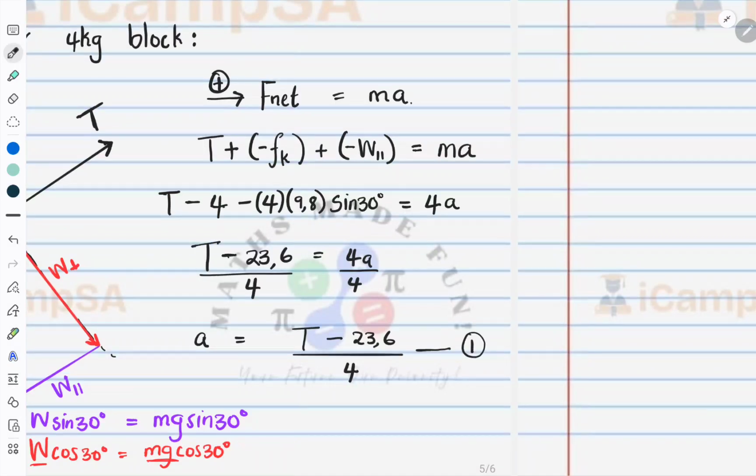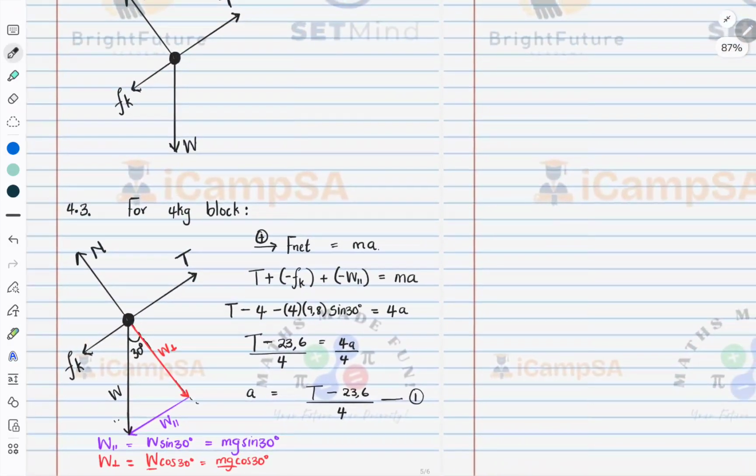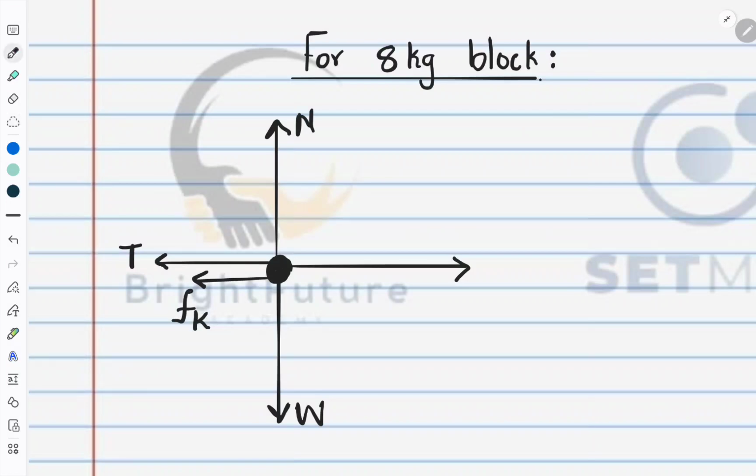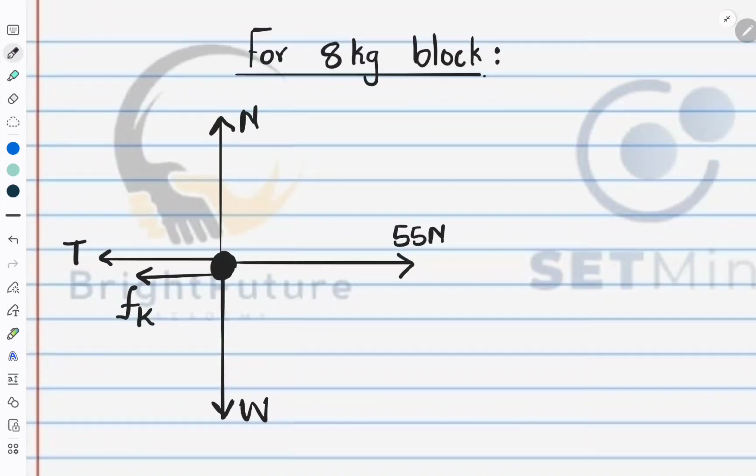Right, now let's move on to the 8 kilogram block, because this was the 4 kilogram block. Let's move it to the 8 kilogram block. For the 8 kilogram block, we again have our free body diagram.